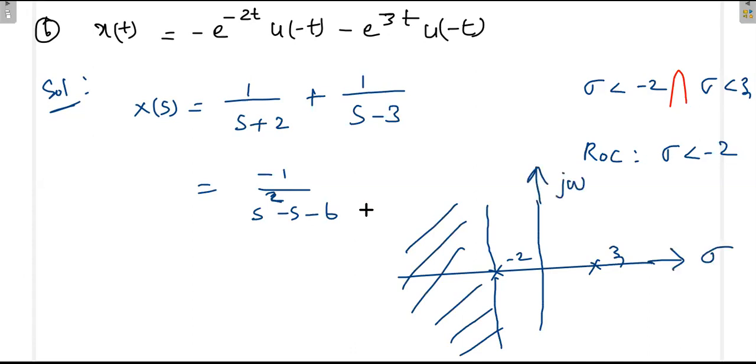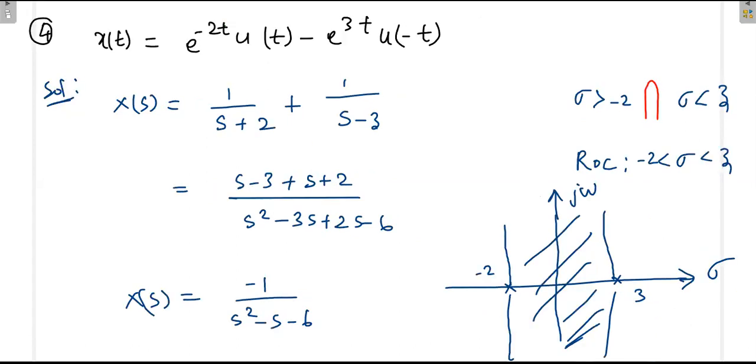Then seventh problem. If you see the 4, 5, 6 problems, you see some similarity here. The poles are always the same, that is minus 2 and 3.